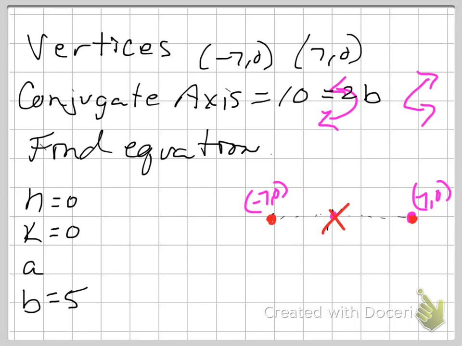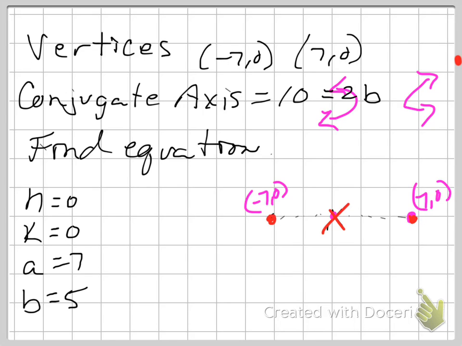Also, what I know, and what you should know, is that the vertices are a away from the center. If you look at the formulas, you'll see that the only difference between where the center is and where the vertices are is a. That's the difference between the two.